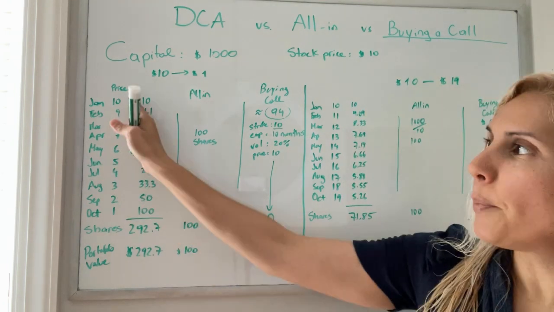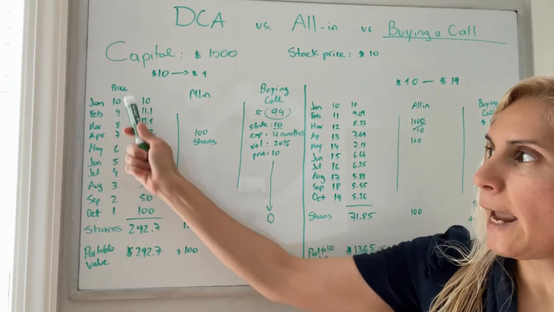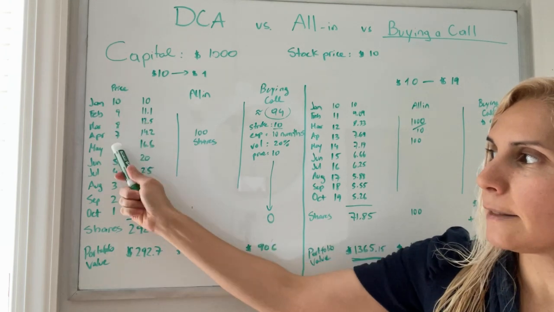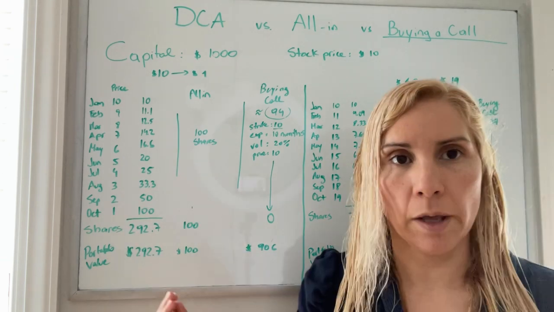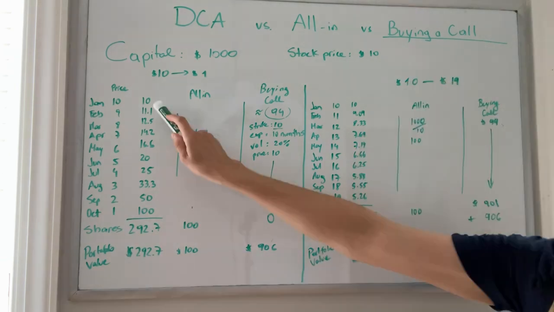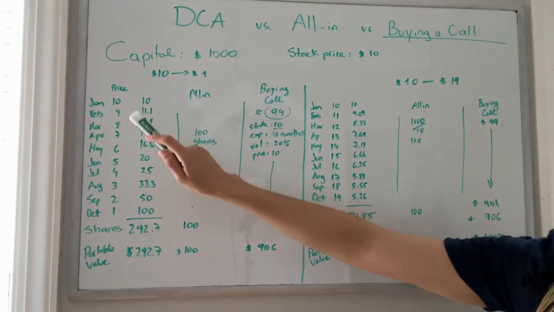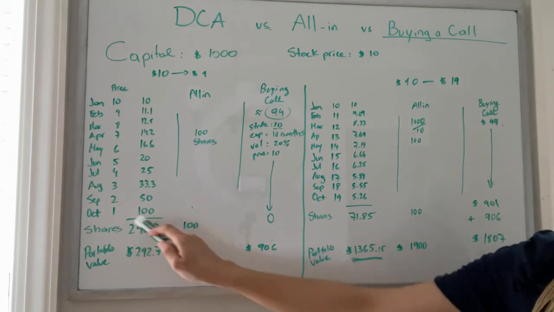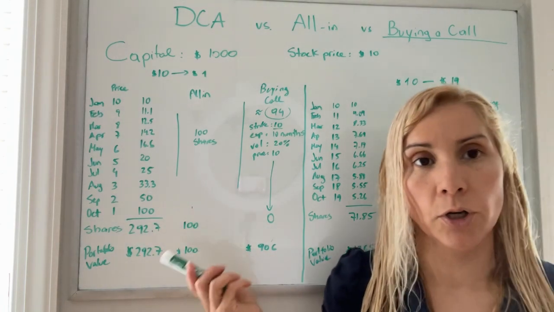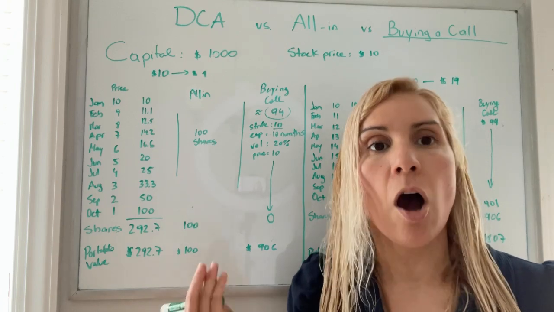Since the stock price is decreasing, going from 10, 9, 8, 7, all the way to 1, we are purchasing more stocks every month. So the first month we purchased 10, the second month 11.1, the third month 12.5, all the way down to the last month where we actually purchased 100 shares of that stock.